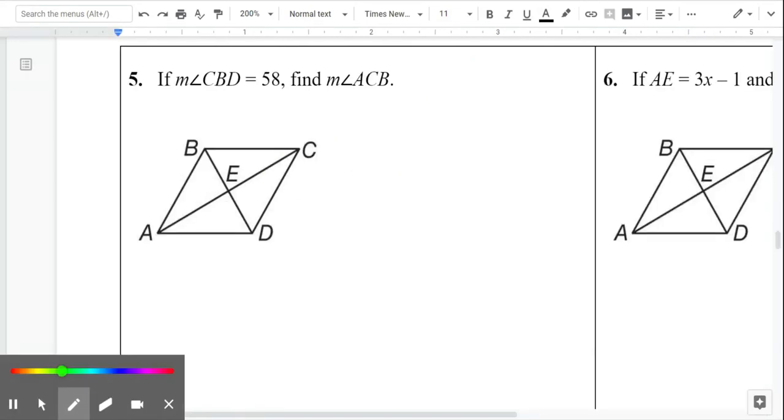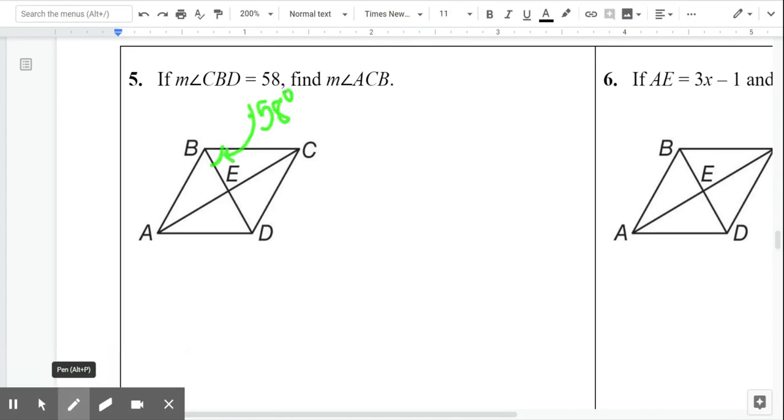Here I am on number 5. If measure of angle CBD is 58 degrees, CBD is 58 degrees. Find ACB. ACB is right here. Okay, so it might look impossible at first, but if you remember that we have a right triangle right here, I know that the angle right there is 90 degrees.